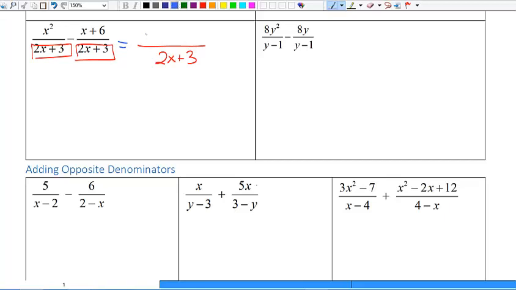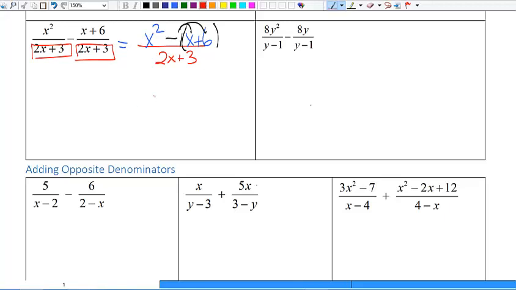I have x squared on my first numerator, and then I have x plus 6 on the second numerator, but in this case we have a subtract sign. Because I'm subtracting, I have to put parentheses around the second fraction's numerator so that I subtract not just the first term, but all of the terms. That's like if I had a negative 1 here and it distributes through.